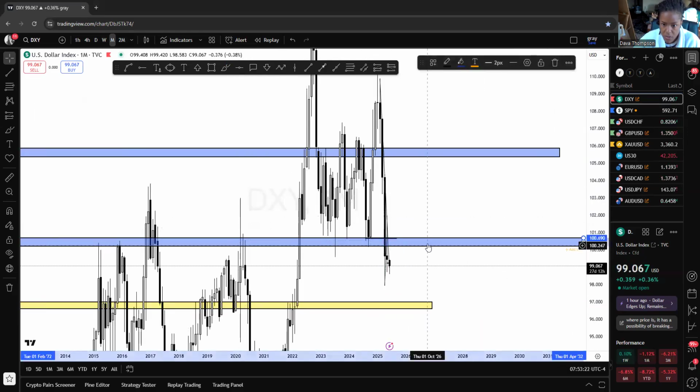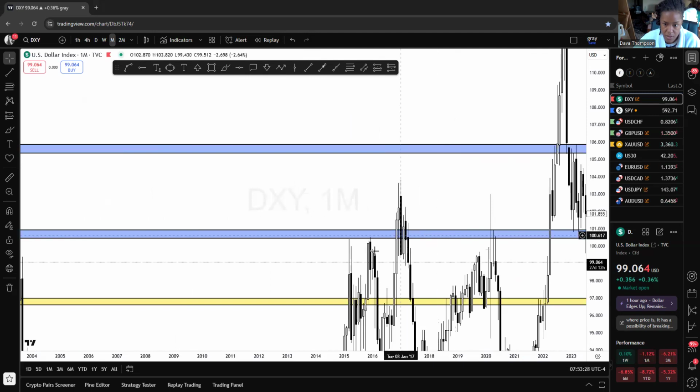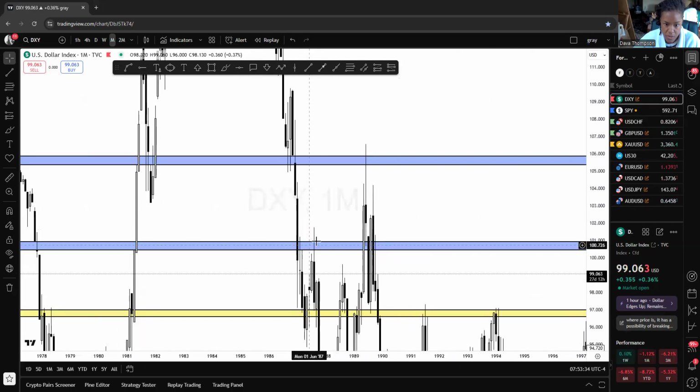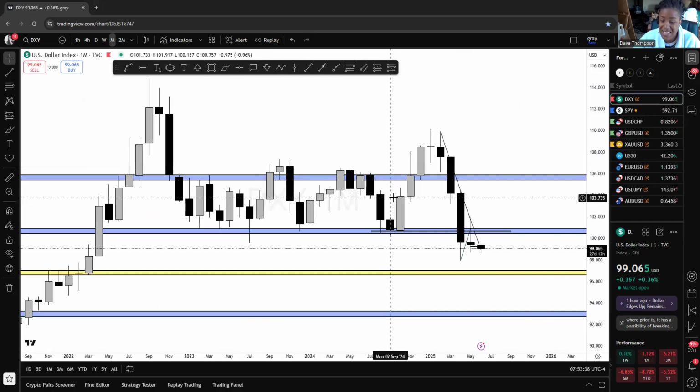Like I can even go here. So 1, 2, 3, 4, 5, 6, 7, 8, 9, 10, 11, 12, 13. We have been using this level, and again, it's a key level on the monthly time frame. It's not a 1 hour, a little four hour. This is the monthly time frame supply we're talking about.